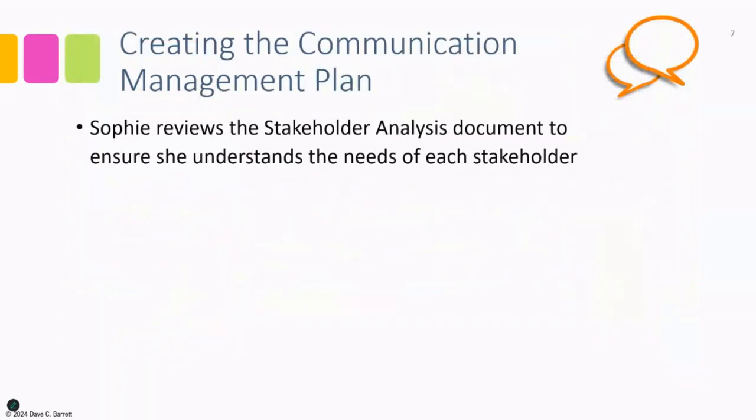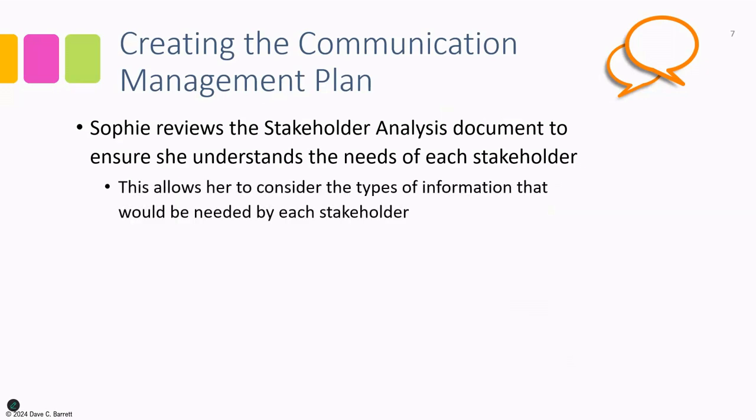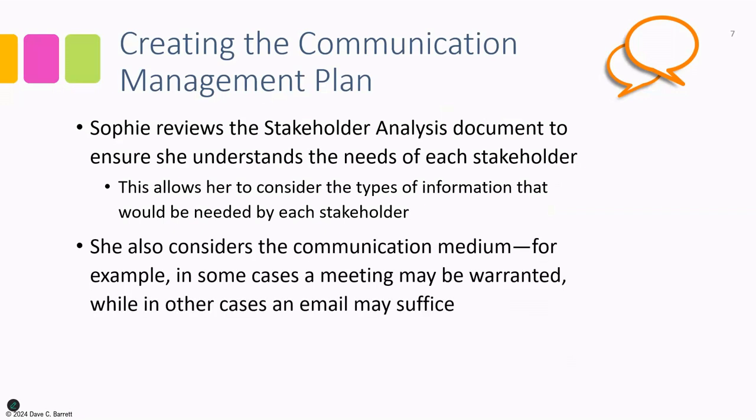Okay, in terms of creating the communication management plan, Sophie reviews the stakeholder documents to ensure that she understands the needs of each stakeholder. This allows her to consider the types of information that would be needed by each stakeholder. If she thinks about her audience, the stakeholders, that will guide her to determine the type and the content of the information. She also considers the communication medium.